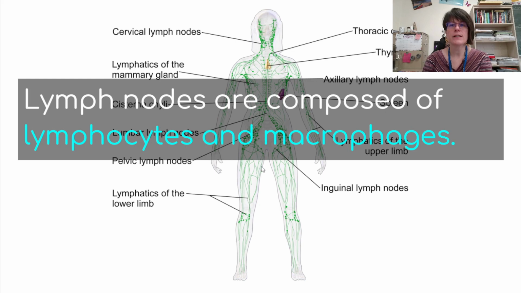And these are areas that, especially right in here, if you've ever had swollen glands, those are swollen lymph nodes because you have an infection and the lymph nodes are being activated and used to help fight that infection.